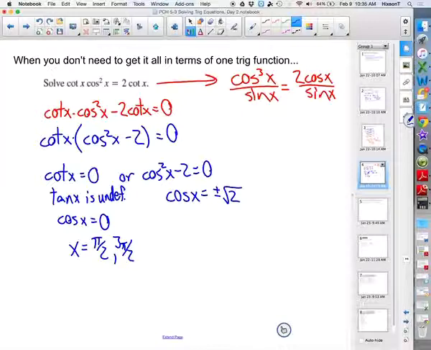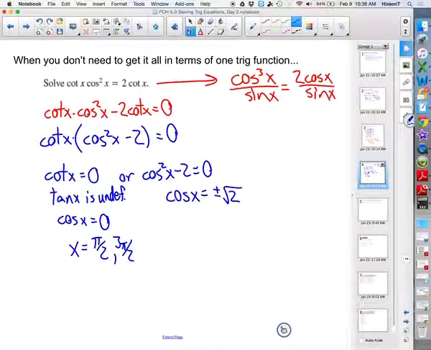Where does it equal root 2? No solution. Why? It's not on the unit circle? Yeah, use calculator.